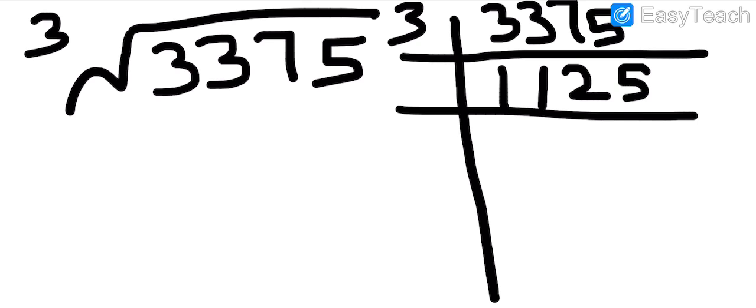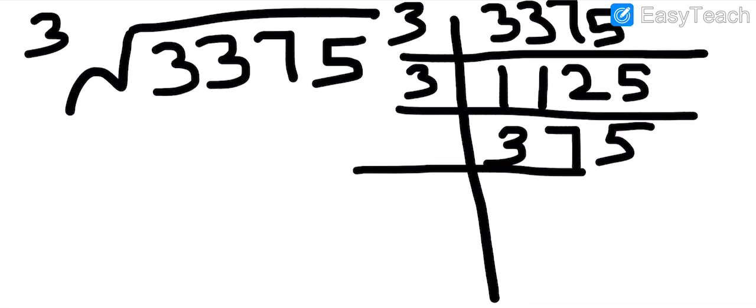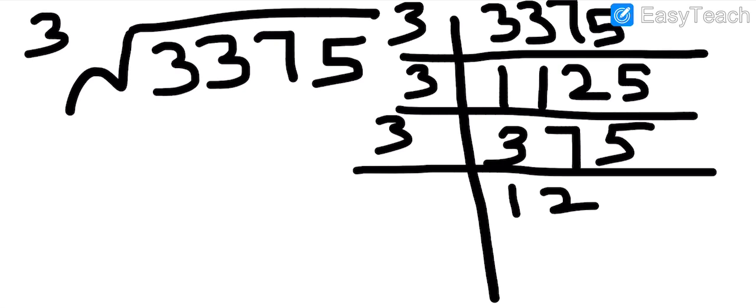Again on 3, 3 3s are 9, 3 7s are 21, and 3 5s are 15. You need to know the tables. 3 1s are 3, 3 2s are 6, 3 5s are 15.